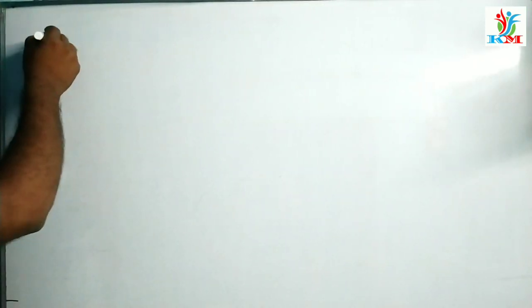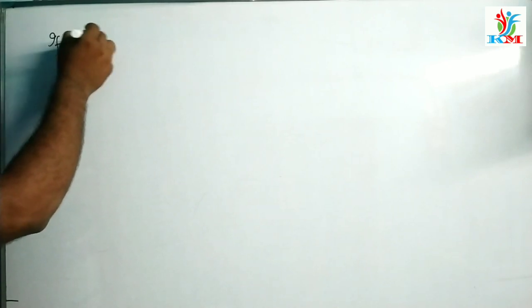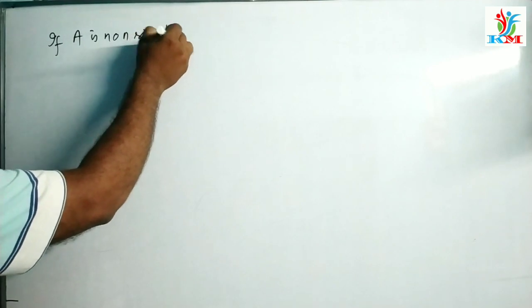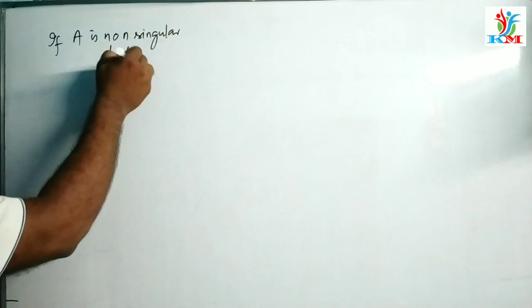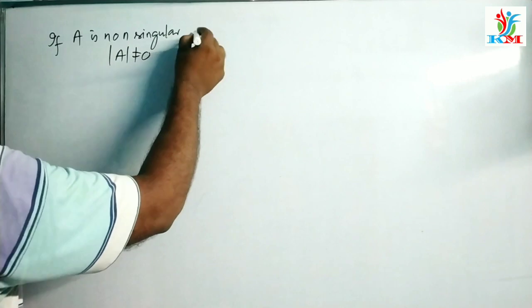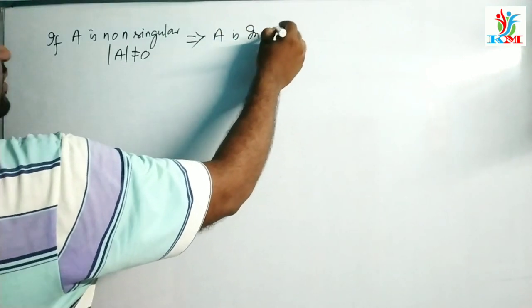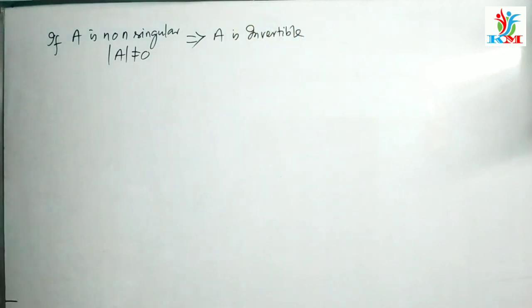Hello everyone. In the last video on determinants, we discussed the inverse of a matrix and some of its important theorems. Let's see that topic again. If A is non-singular, that means determinant of A is not equal to 0, that implies that A is an invertible matrix.